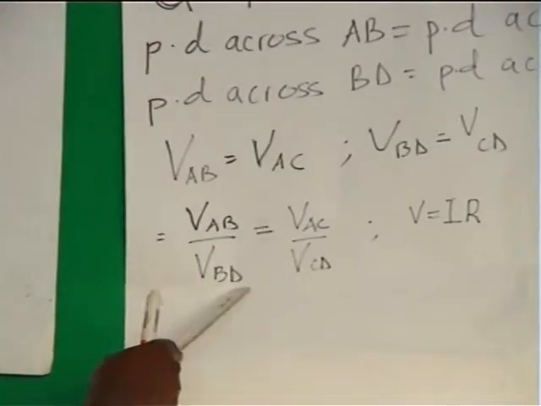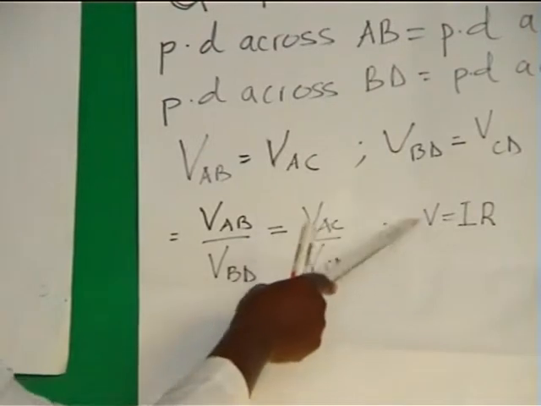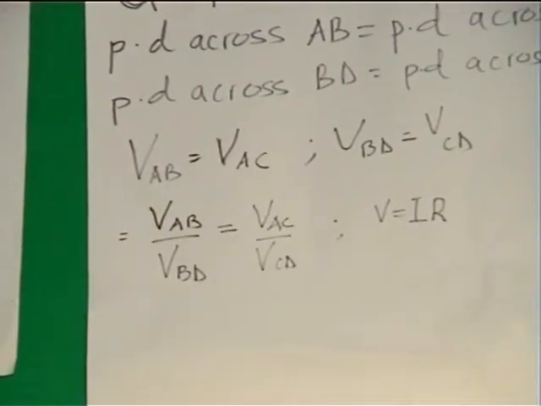Now, instead of VAB over VBD, which is equal to VAC over VCD, substitute the value of V in each value.